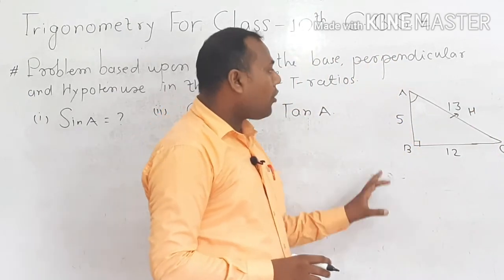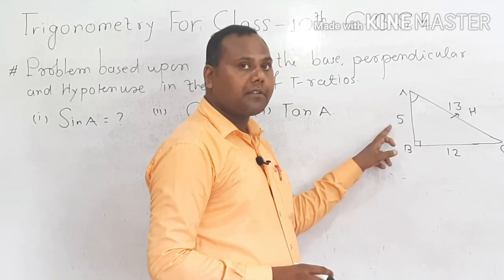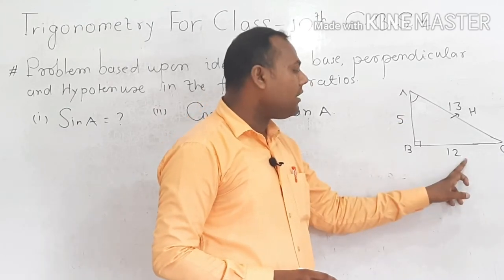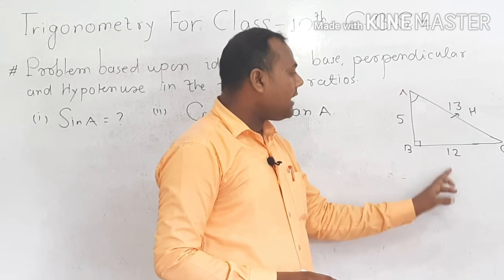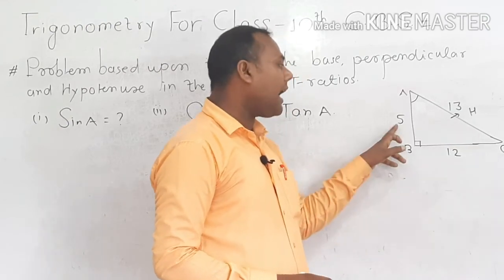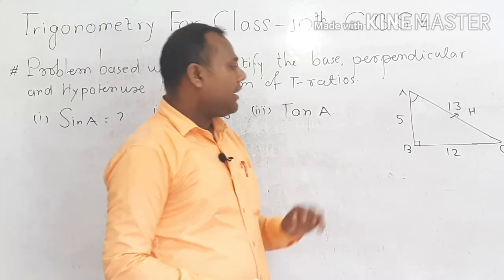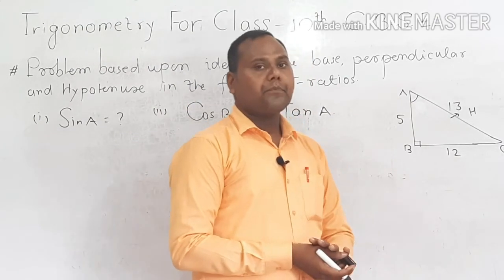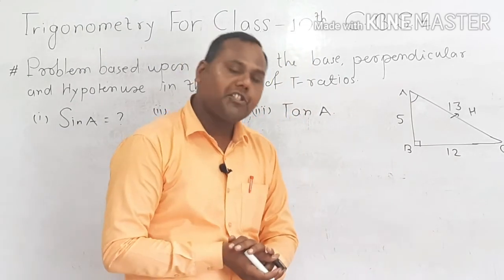But according to angle A, this is the base and this will be the height. And according to C, this will be base and this will be height. That means for angles A and C, base and perpendicular are interchangeable.